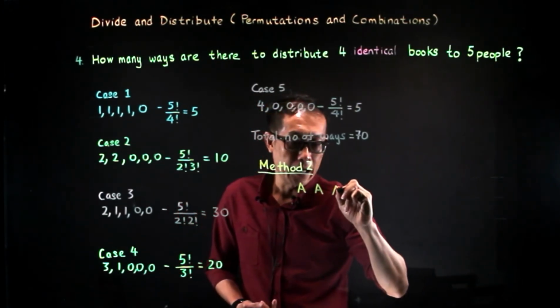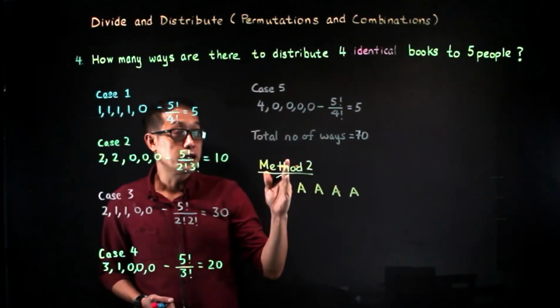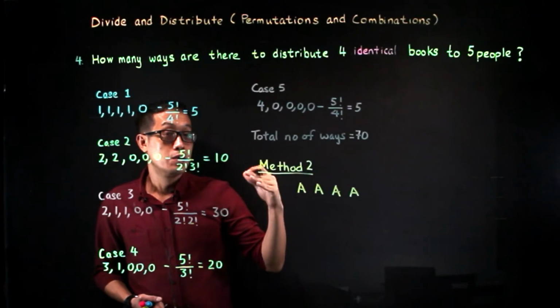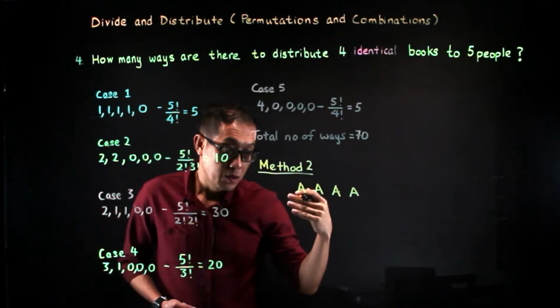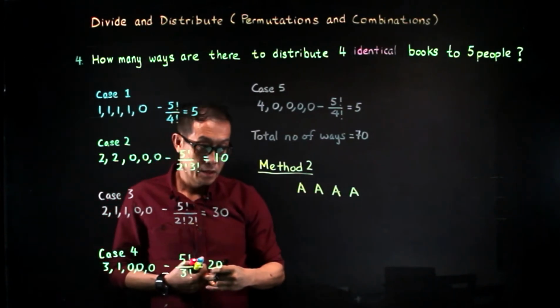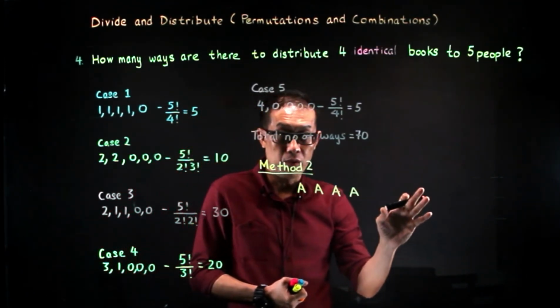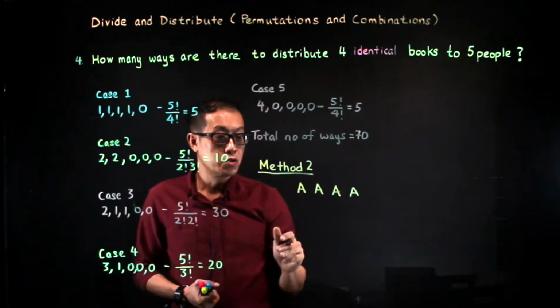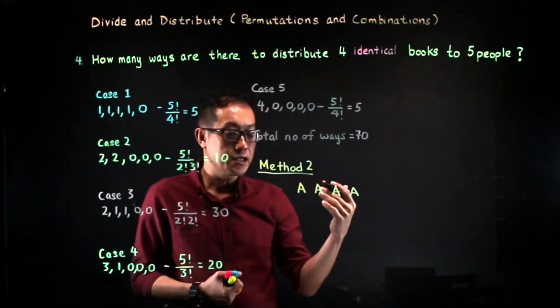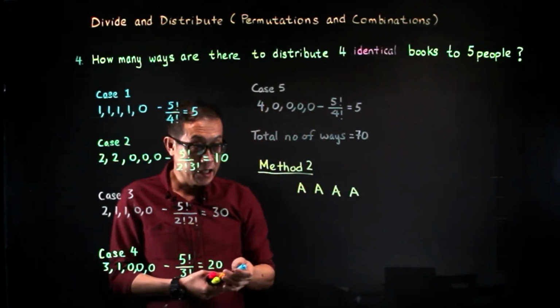Let's name the book A, and A. Now you want to divide among 5 people, and 0 is allowed. 5 people, so I must put 4 sticks to have it in groups of 5.